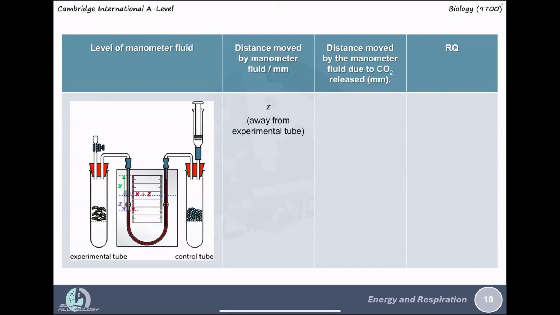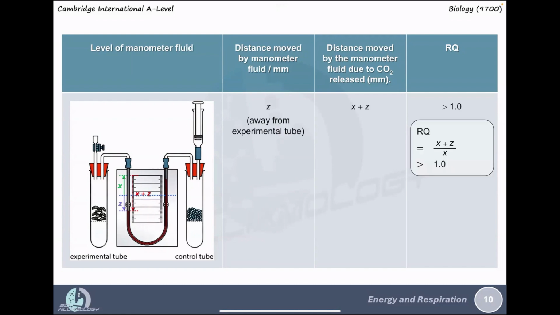So try to imagine O2 consumption, CO2 release. Therefore, X plus Z indicates the distance moved by the manometer fluid due to CO2 release. And the value of X plus Z is definitely higher than X, so the RQ value is greater than 1.